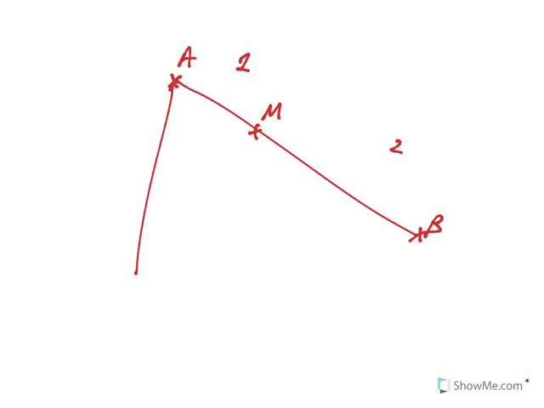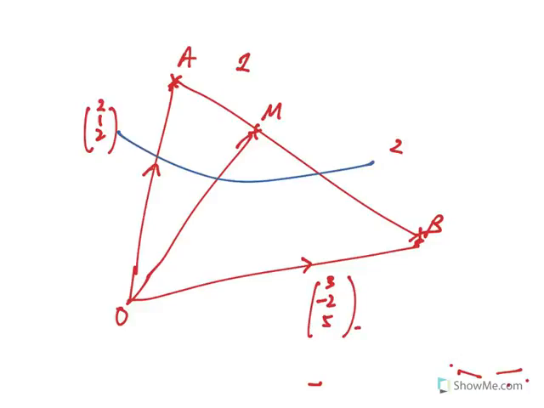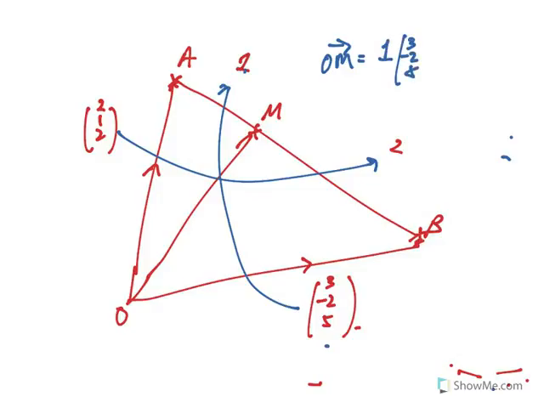Now if I use the ratio theorem, with origin O, OA would be equal to (2, 1, 2), and p equals 5, so OB will be equal to (3, -2, 5). Using the ratio theorem, remember we just crisscross. So OM would be equal to 1 of (3, -2, 5) plus 2 of (2, 1, 2), divided by 1 plus 2.